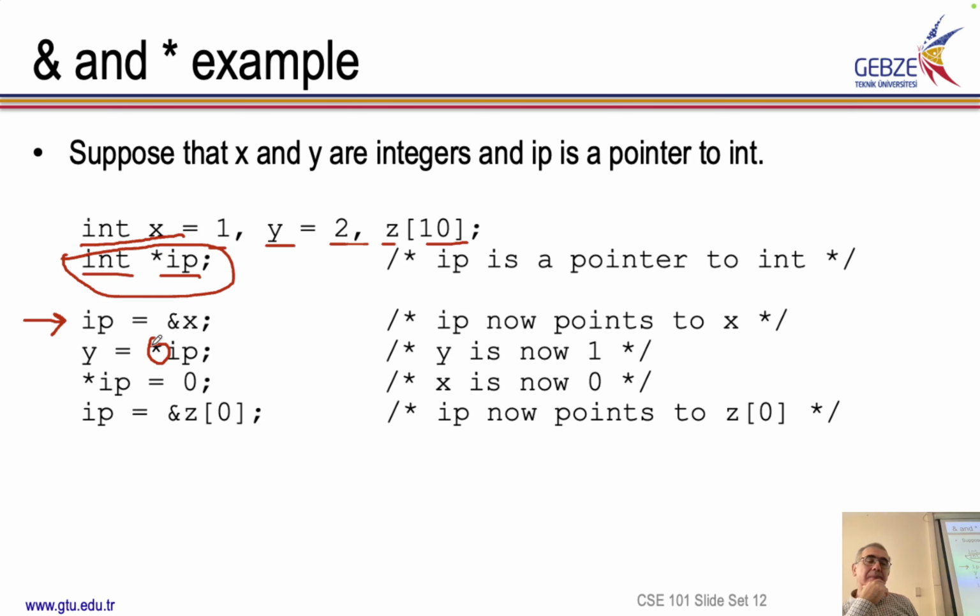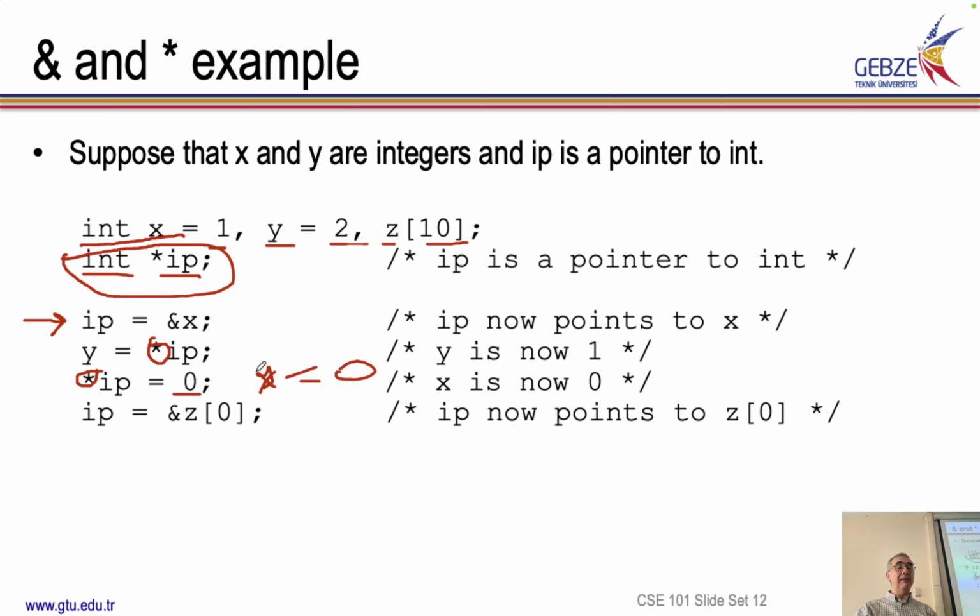So, I can set the content of the pointer equal to 0. That's basically equal to y is, no, it is x is equal to 0, but not y.